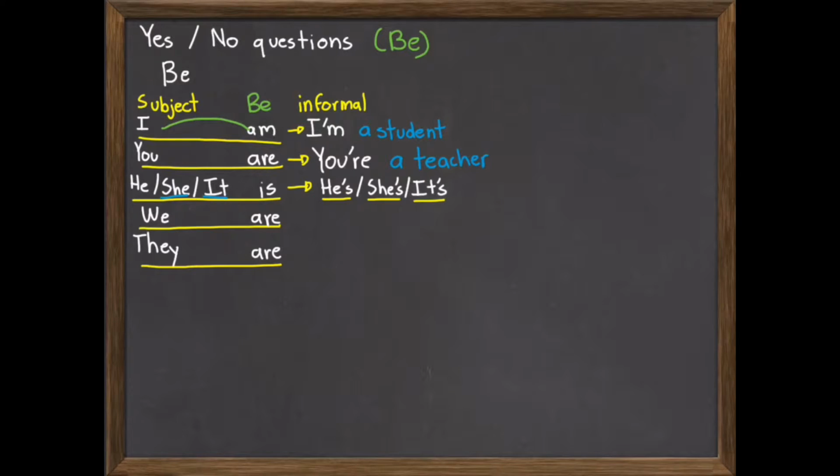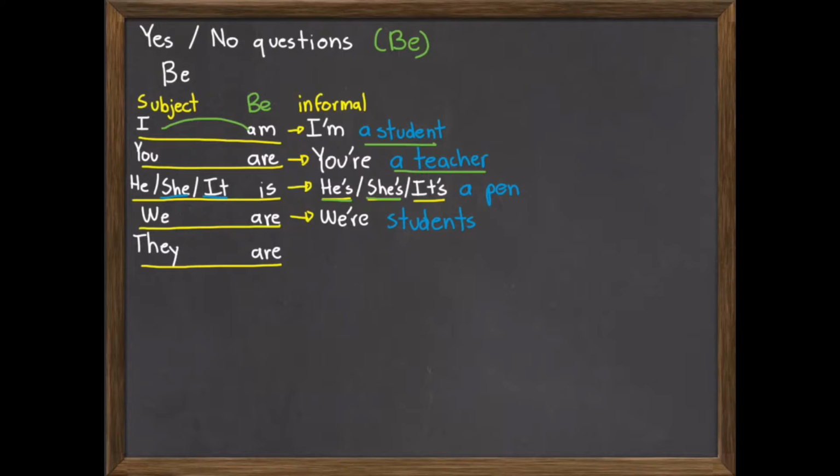An example of the previous one would be you're a teacher. We could say he's a student, she's a teacher, and it's a pen. We are can turn into we're. We're students.